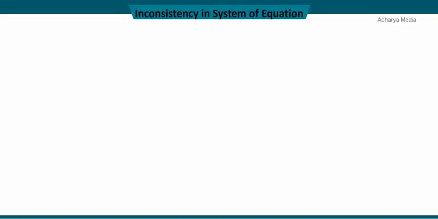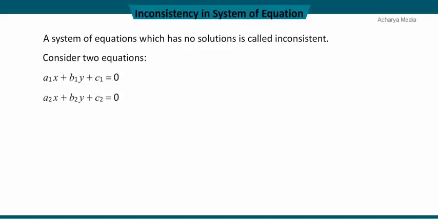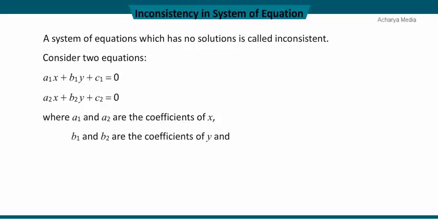Inconsistency in system of equations. A system of equations which has no solutions is called inconsistent. Consider two equations a1x plus b1y plus c1 is equal to 0 and a2x plus b2y plus c2 is equal to 0, where a1 and a2 are the coefficients of x, b1 and b2 are the coefficients of y, and c1 and c2 are the constants.